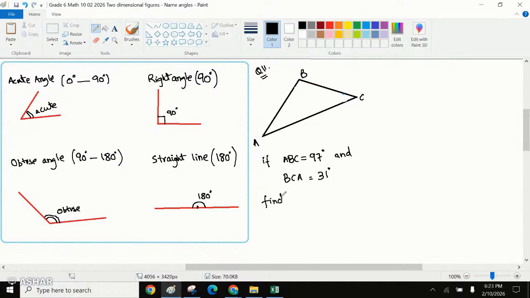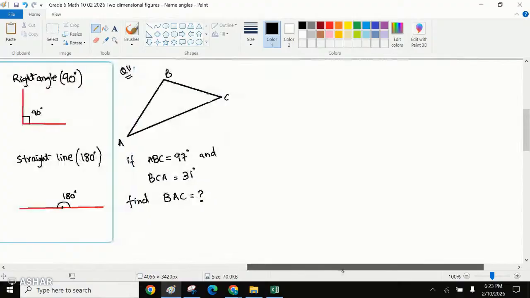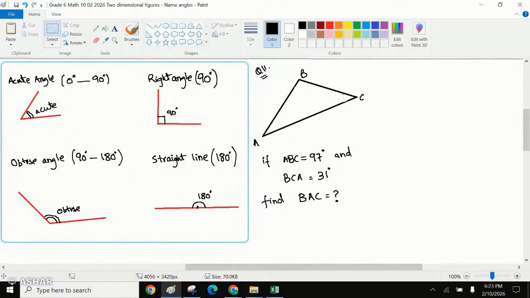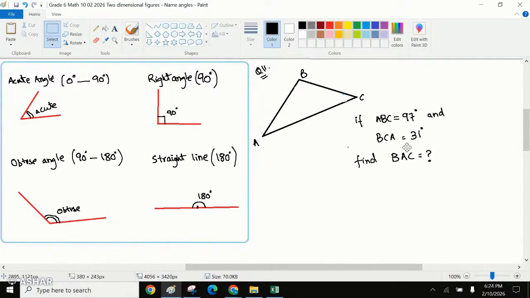Find the angle BAC, right? If this is the information that has been provided to us, let's see how it can be used. If two angles are given to us, what does ABC mean? B in the middle, right? That means B should be 97.